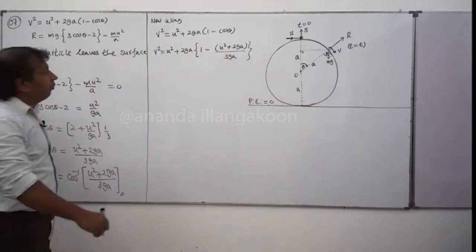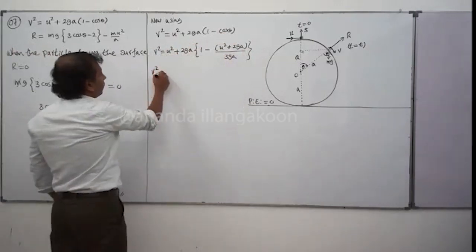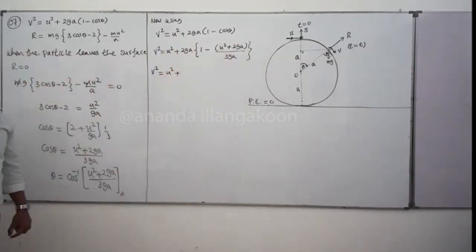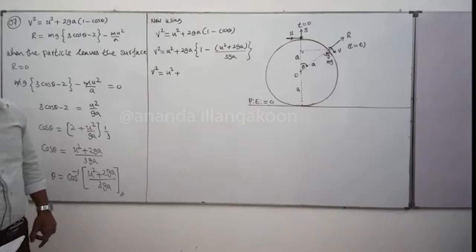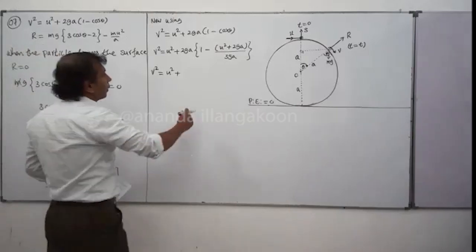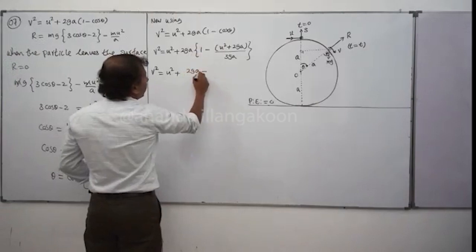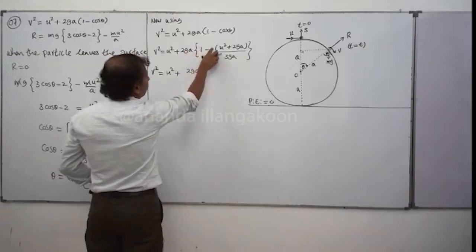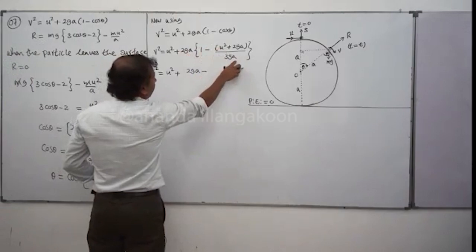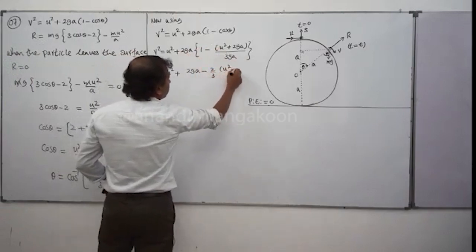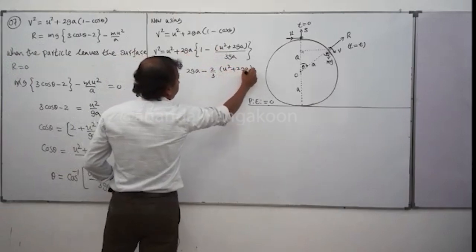Then you can simplify this. Multiply by this 2ga, minus 2ga when you multiply here. ga and ga you can cancel down, we get 2/3 (u squared plus 2ga).